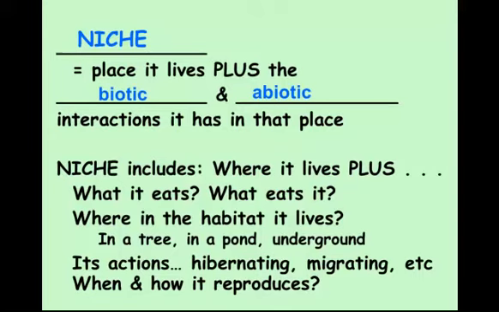A lot of birds do that in South Dakota. When do you reproduce? How do you reproduce? Do you make a lot of babies and go away and leave them? Do you make one baby that you spend time with and take care of and protect? Do you reproduce in the spring? Do you lay eggs, have live babies? All of those things that are happening in that ecosystem are part of your niche. What are you doing there?